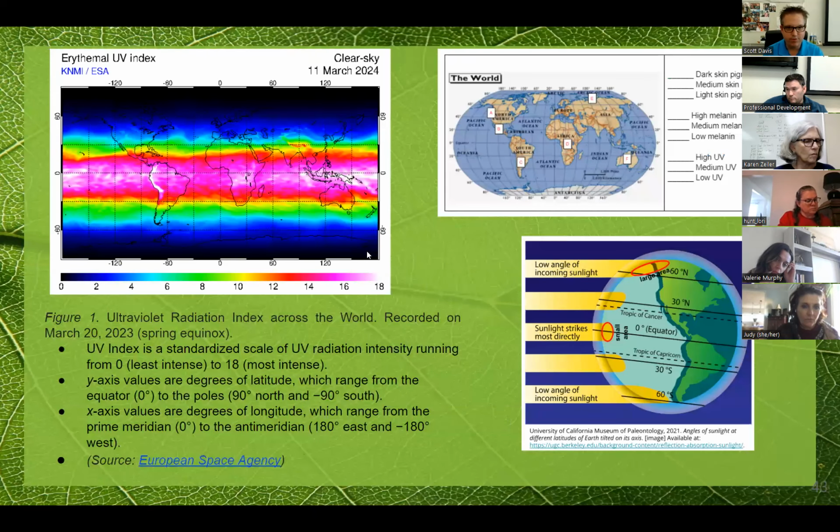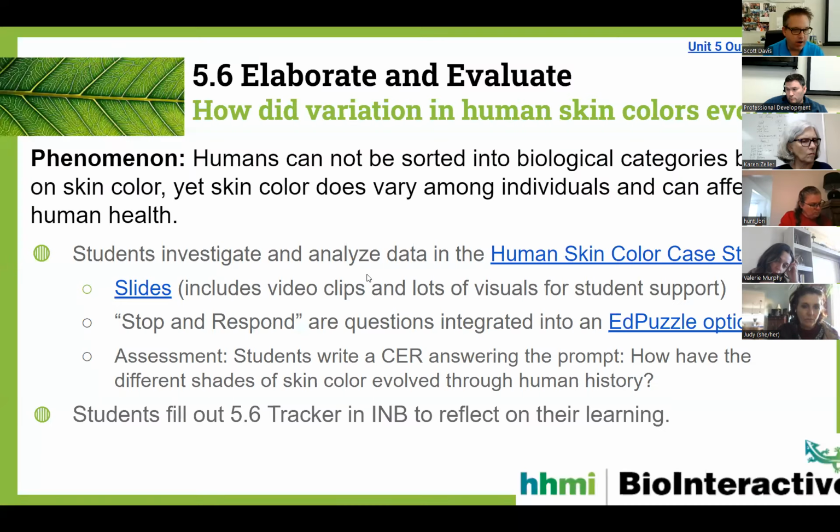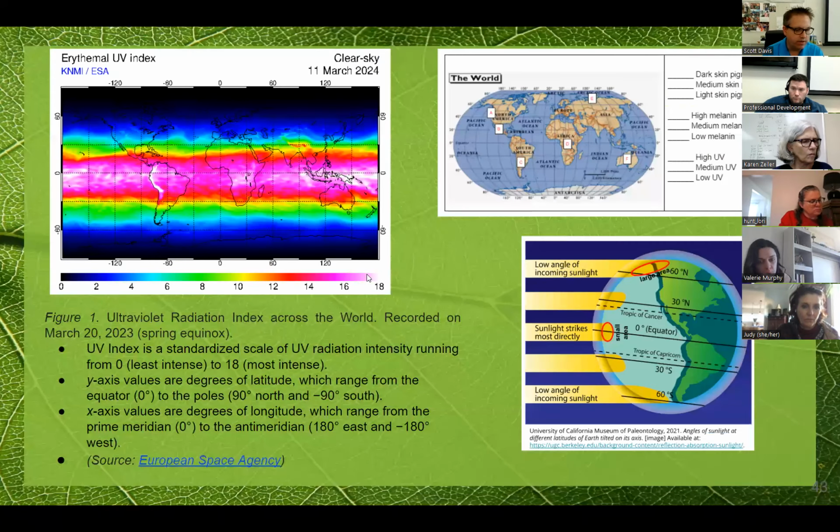You can use the natural selection questions for this same activity. But our CER is, what's the selective advantage of having low pigmentation, like lighter skin, in the southern and northern latitudes?